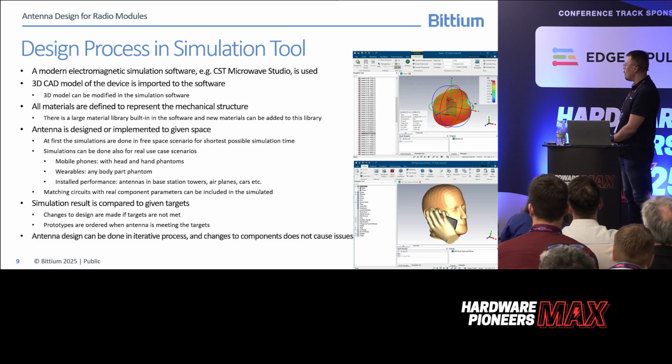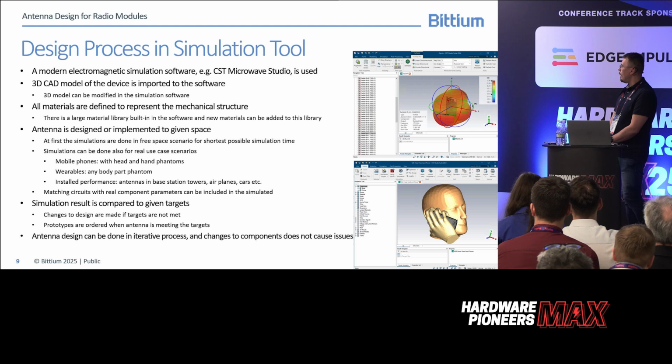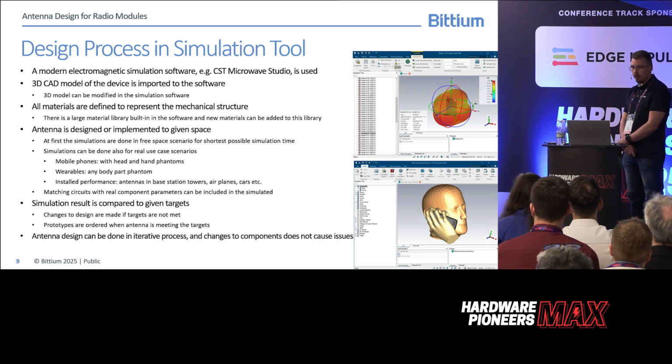That means already in the concepting phase, when you are thinking about what kind of connectivity you want to have in your device, and what operating bands need to be supported. At first, the 3D CAD model of the device is imported to the software, and then we can modify the 3D model in many different ways.